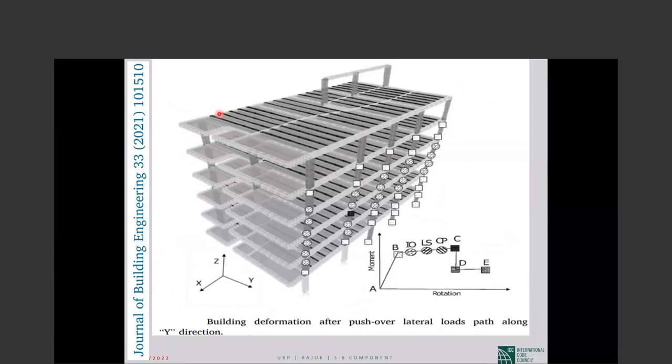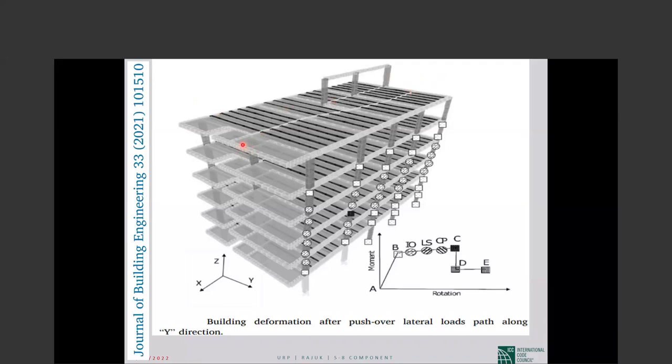Therefore, the general approach will be we model the building. We model the building in a software that can perform nonlinear analysis. Then we go through or use the software or manually calculate the target displacement. So target displacement will be calculated.